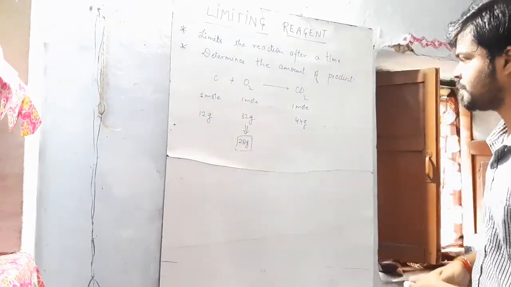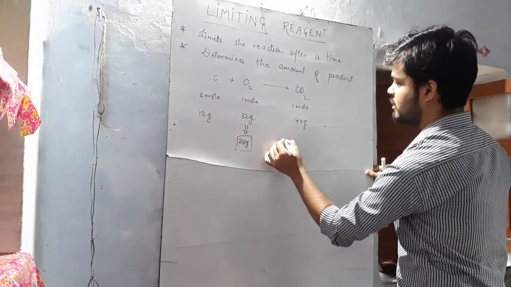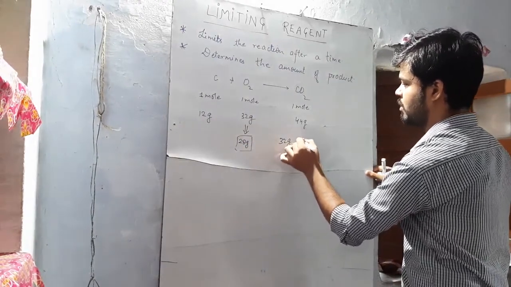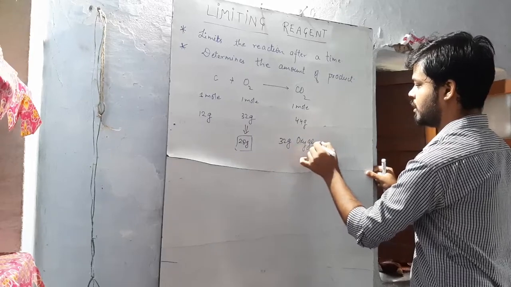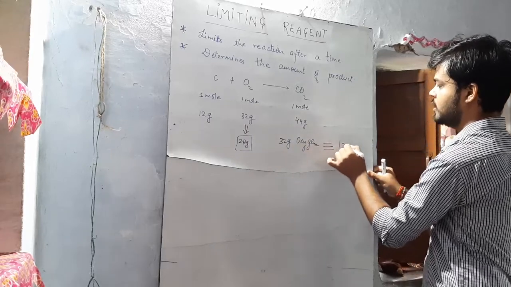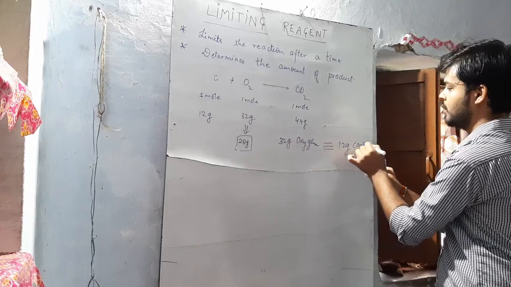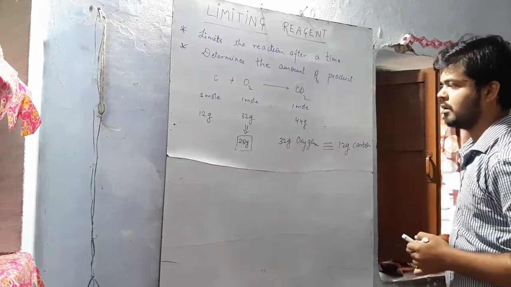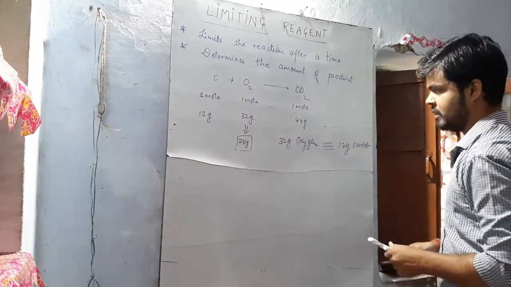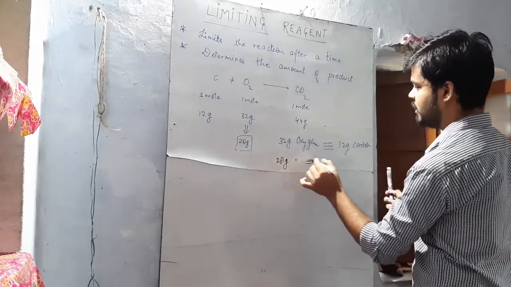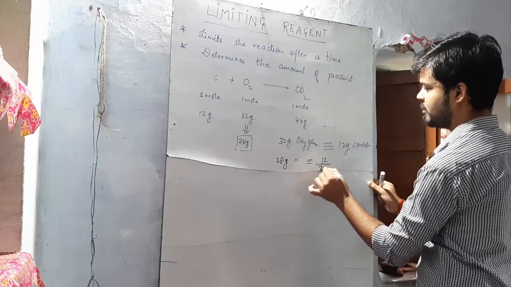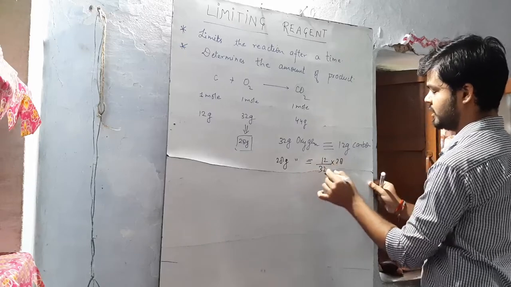We know that 32 gram oxygen reacts with 12 gram carbon. Then 28 gram oxygen will react with 12 divided by 32 multiplied by 28.